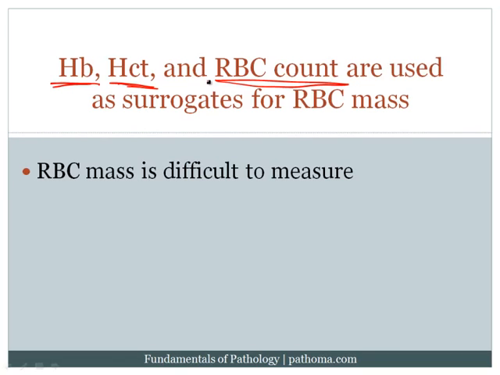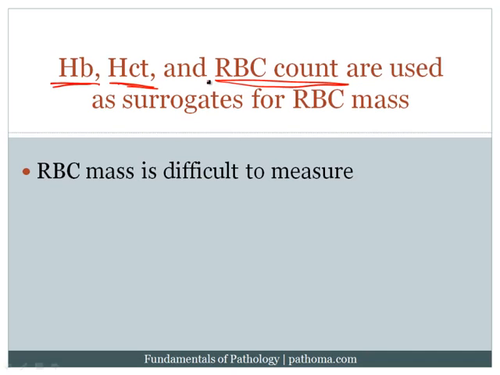Another example, just to again highlight this principle: let's say a patient gets a gunshot wound. They're obviously going to bleed out both red blood cells and fluid. And so immediately after the gunshot wound, when there's blood loss, the patient's hemoglobin and hematocrit would be normal. What's going to show you that there was actually blood loss is that when the patient eventually gets fluid back into their system, that's going to dilute down the remaining red blood cells, and that will result in a decrease in the hemoglobin and hematocrit.